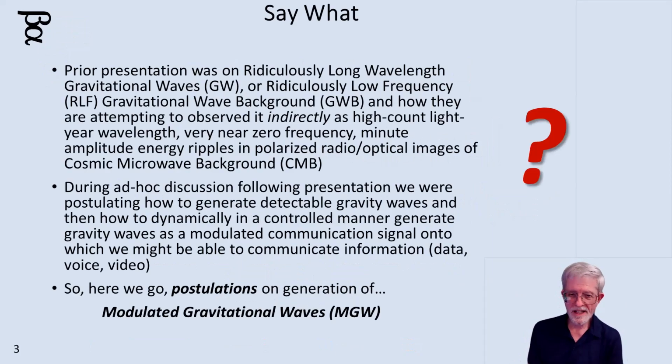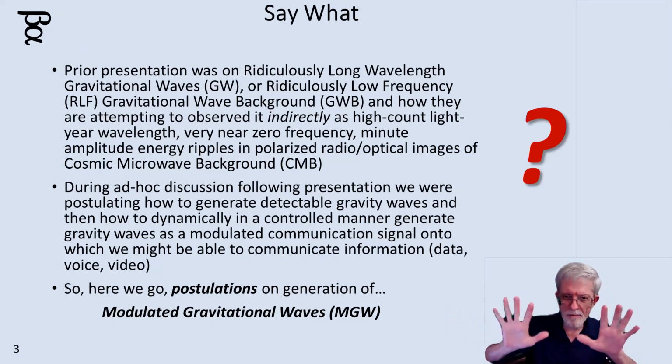So the prior presentation was on ridiculously long wavelength, or ridiculously low frequency, RLF, gravity waves as part of a gravitational wave background, and how we're now starting to look for such gravity waves indirectly by snapping pictures of the polarized cosmic microwave background and then seeing if anything ripples through it.